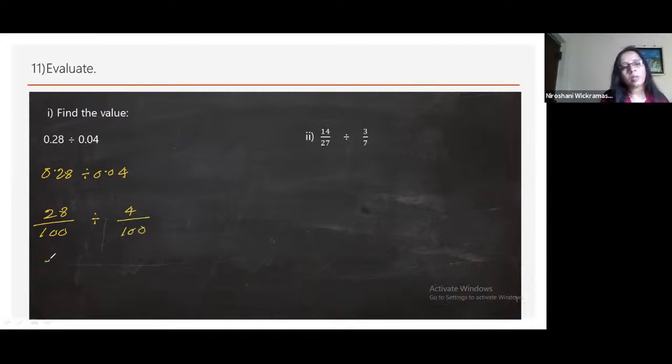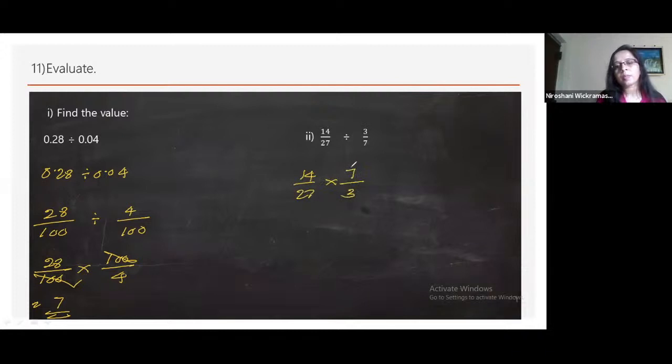Now write the reciprocal: 28 over 100 with the multiplication sign, 100 over 4. Now 28 divided by 4, how much? That is 7. It is easy for us to get the answer like this. Right? Then 14 over 27, write the reciprocal, 7 over 3. Is that divisible? No. 7 times 14: 4 times 7, 28, 2 remaining. 7 times 1, 7 and 2, 9. 27 times 3: 3 times 7, 21, 2 remaining. 3 times 2, 6 and 1, 7.